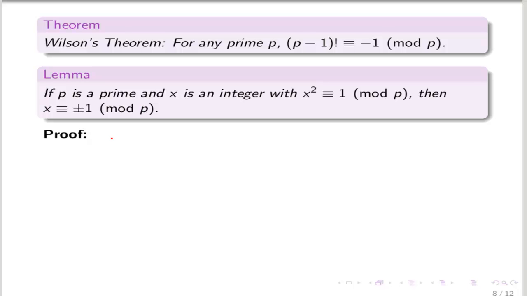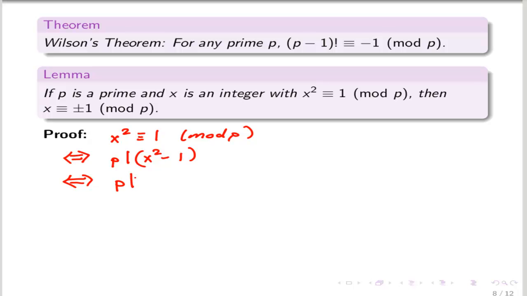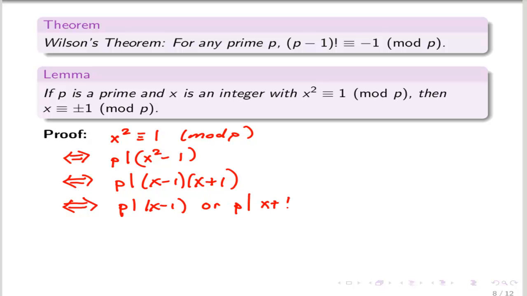Okay, so x squared congruent to 1 mod p is equivalent to saying that p is a divisor of x squared minus 1, which is equivalent to saying p is a divisor of x minus 1 times x plus 1, which is equivalent, since p is a prime, to saying p is either a divisor of x minus 1 or it's a divisor of x plus 1.